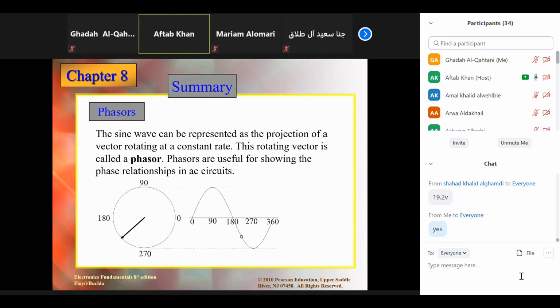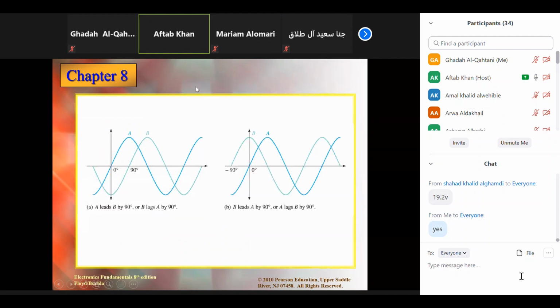So in the complete 360 degrees, this rotating vector completes its revolution and reaches 0 again. This is called a phasor diagram, and it is helpful to understand the relationship between two waveforms in AC.